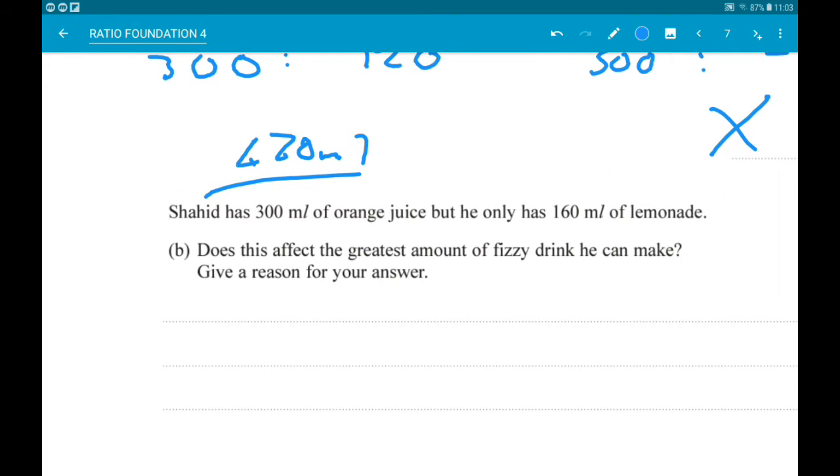Okay, then for part B, Shahid does have 300 ml of orange juice, but he only has 160 ml of lemonade. Does this affect the greatest amount of fizzy drink he can make? Give a reason for your answer.